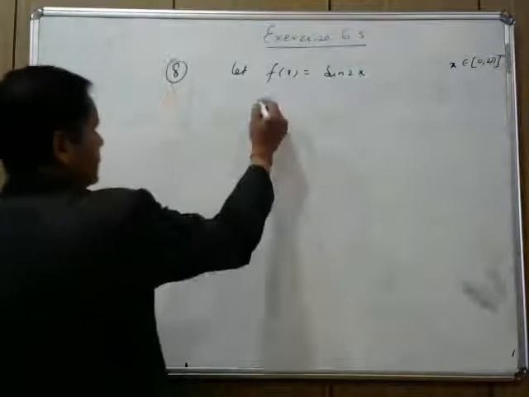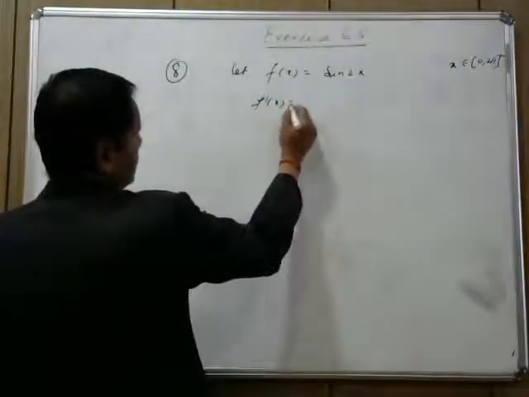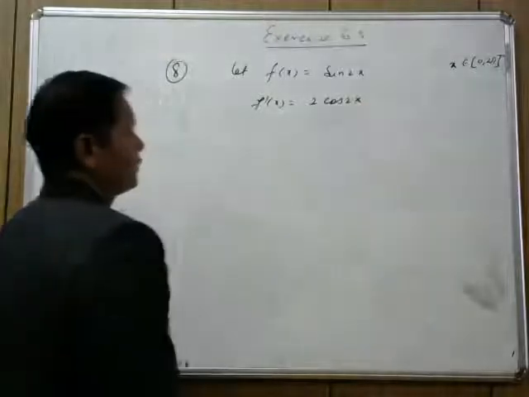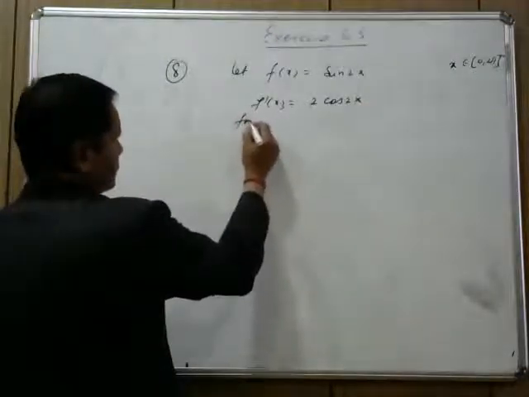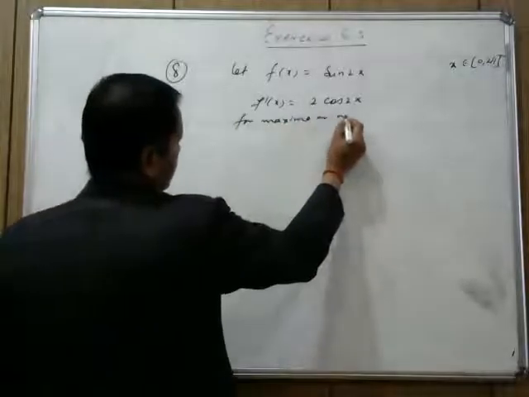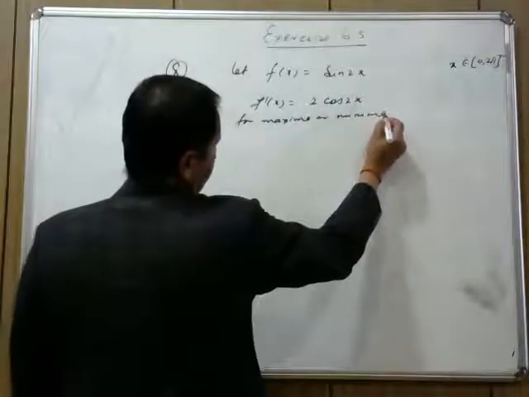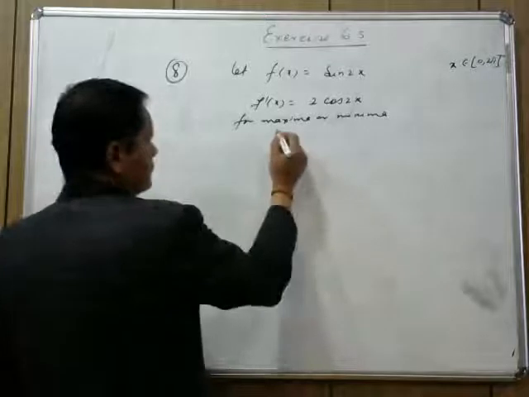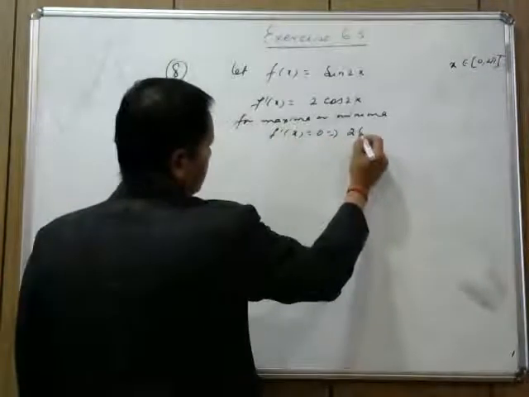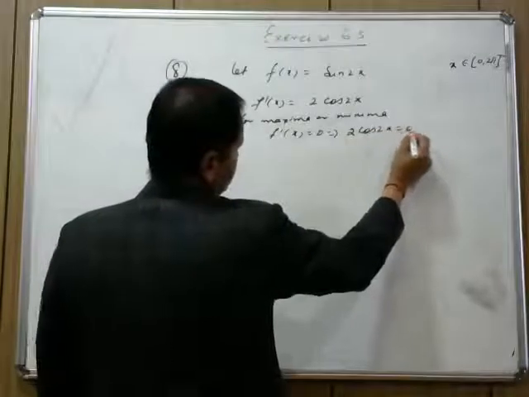So now f dash of x is equal to 2 cos 2x. For maxima or minima, or we can say for critical points, f dash of x is equal to 0. It implies that 2 cos 2x equal to 0.